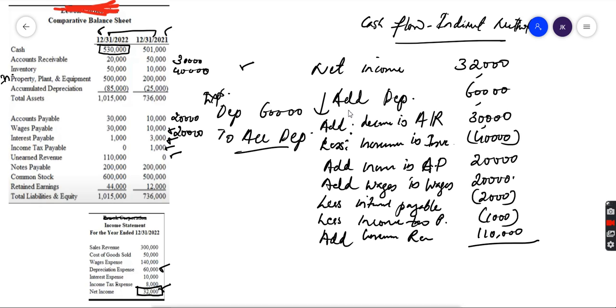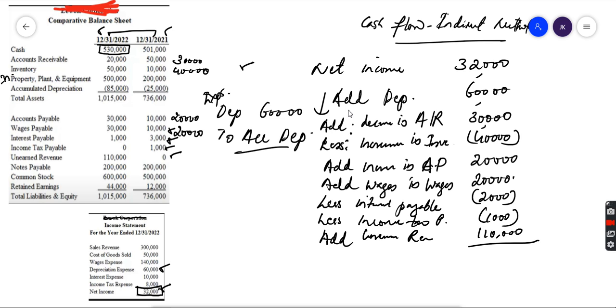If you add up everything, 32,000, that was your net income. Plus you're adding back the depreciation, 60,000. Plus adding back the decrease in receivables, 30,000. Minus inventory increase, minus 40,000.